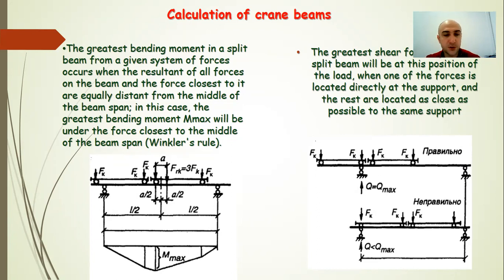from the load of two closely spaced cranes of the highest lifting capacity. Since the load is mobile, you first need to find its position at which the design forces in the beams will be greatest. The greatest bending moment in a split beam from the given system of forces occurs when the resultant of the forces and the force on the beam closer to it are equally distant from the middle of the span of the beam.